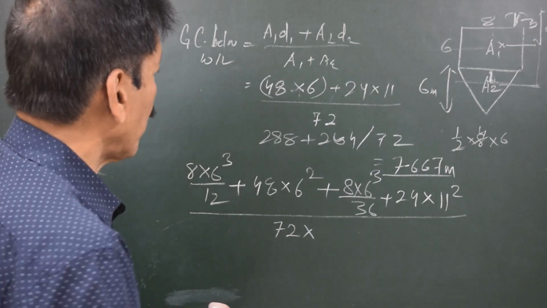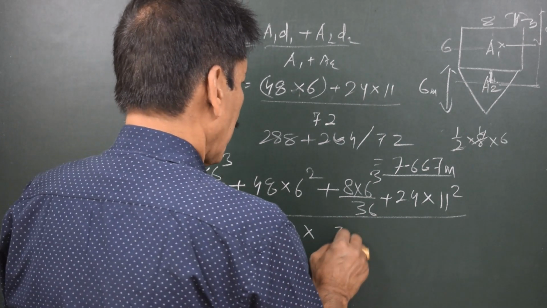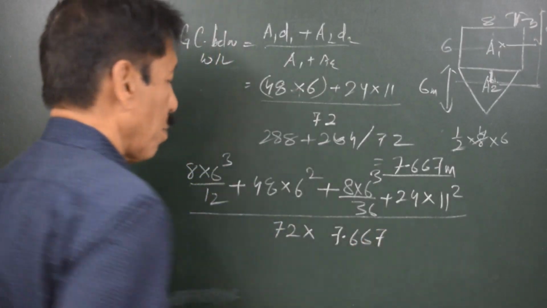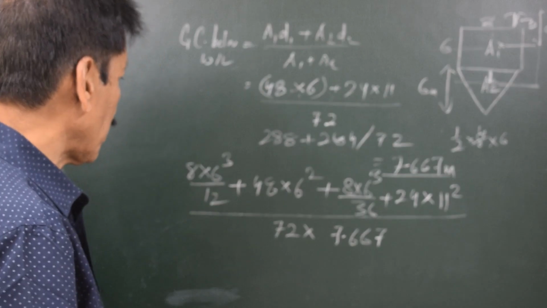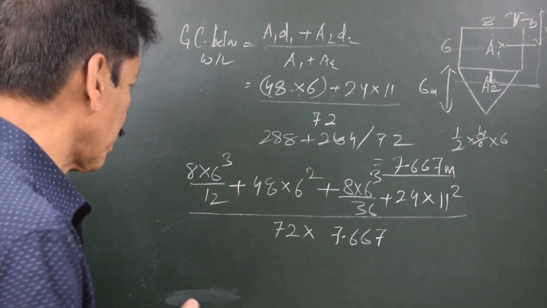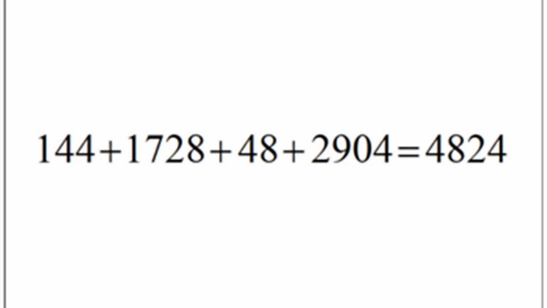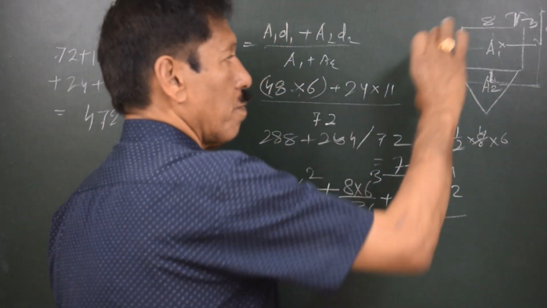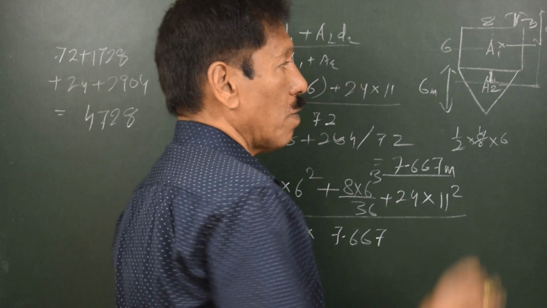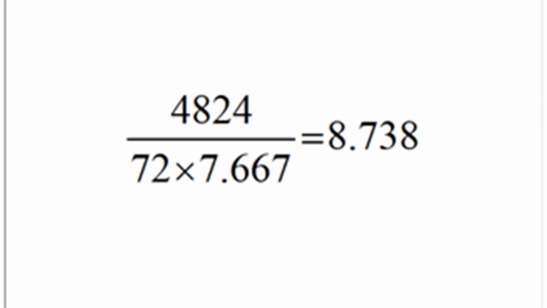And the depth of the common centroid is 7.667 below the water level. Let us solve this. The total numerator would be 1728 plus 2904, the total moment of inertia of the rectangle about the water level plus the triangle about the water level, divided by 72 into 7.667.